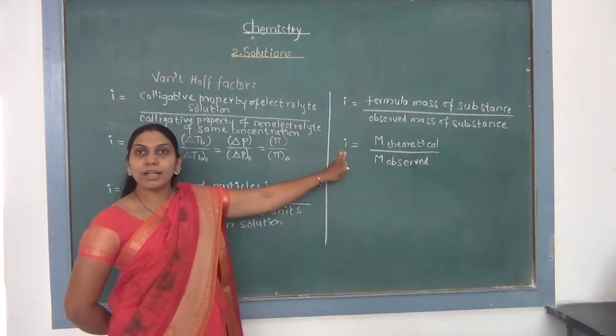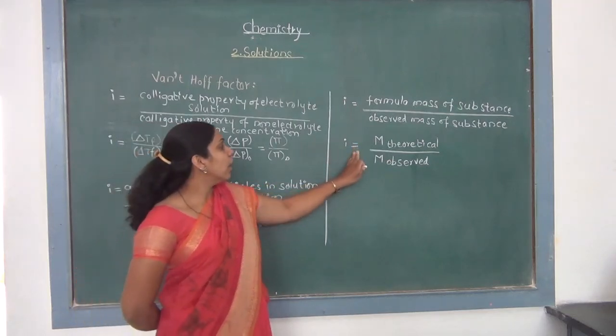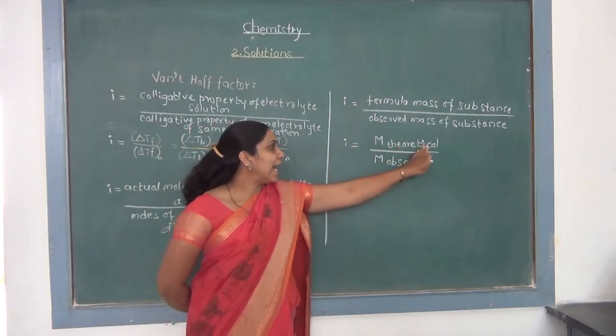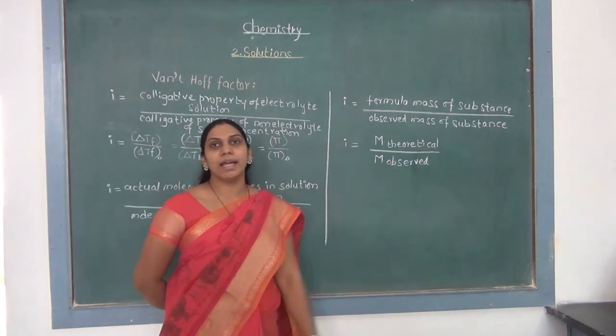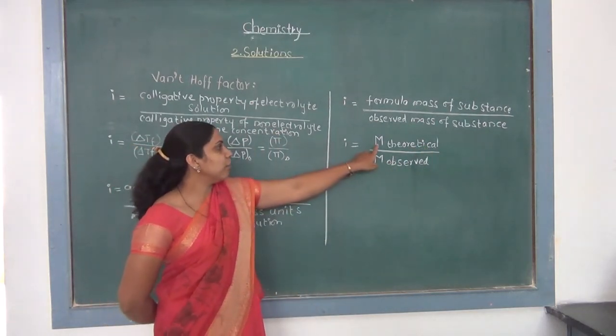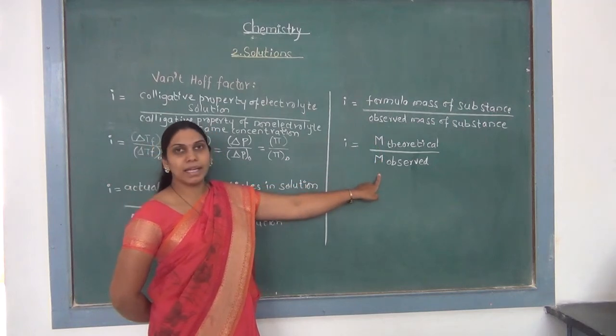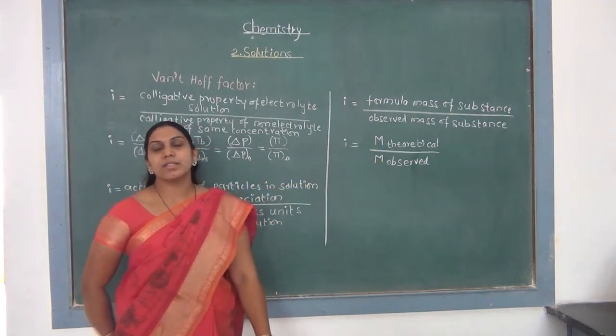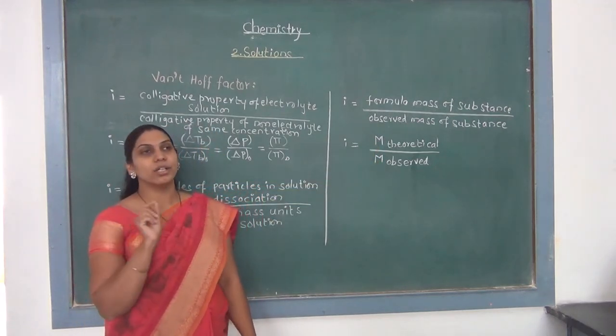One more formula for Van't Hoff factor is i is equal to M theoretical divided by M observed. What is M? M is the molar mass of the solute.